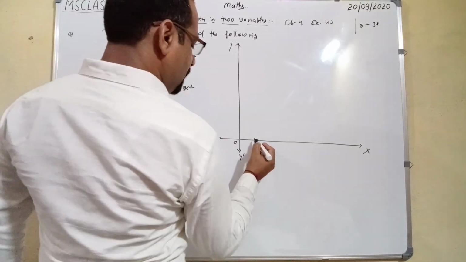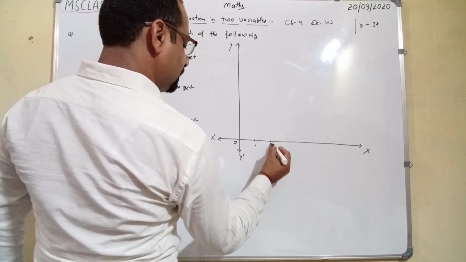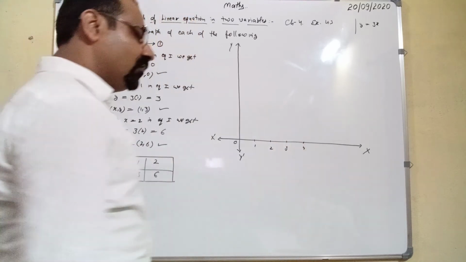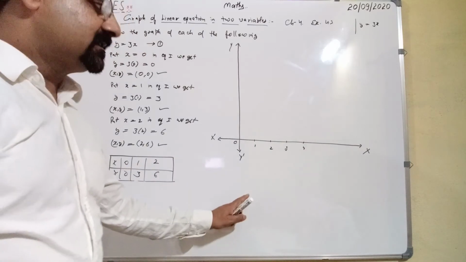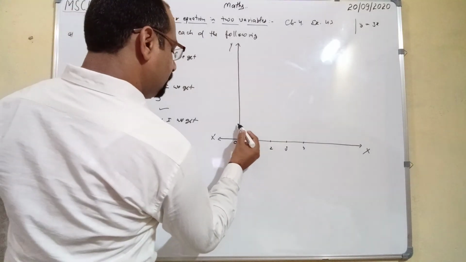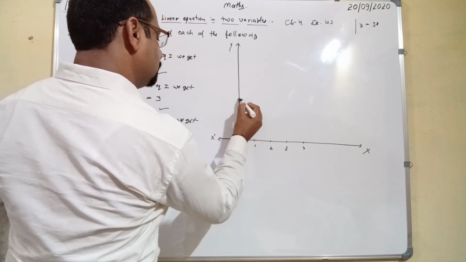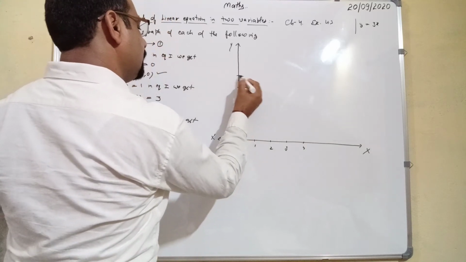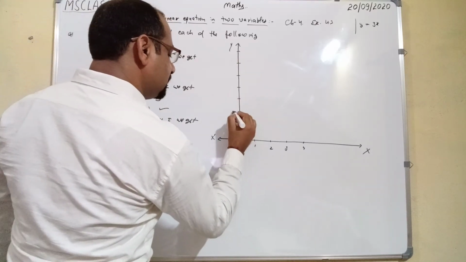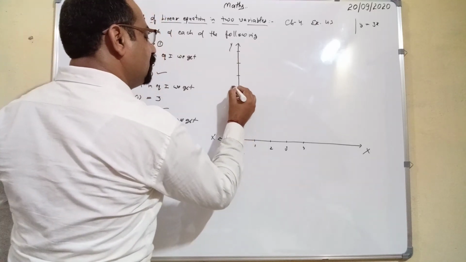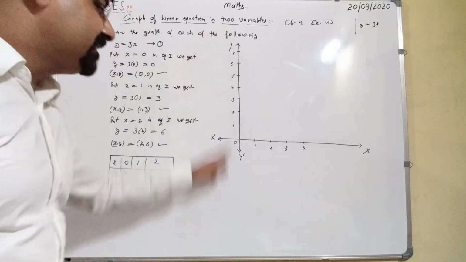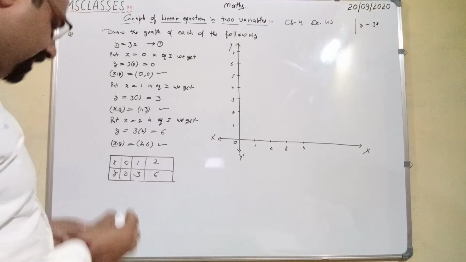Now this is 1, 2, 3, 4. 4 points at equal distance on the x-axis. Similarly, 1, 2, 3, 4, 5, 6 and 7. 7 points at equal distance on the y-axis. This is the origin 0.